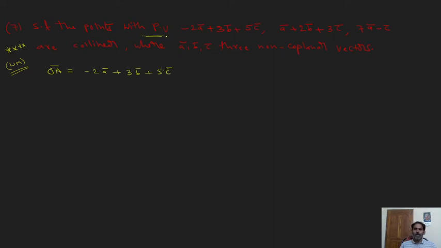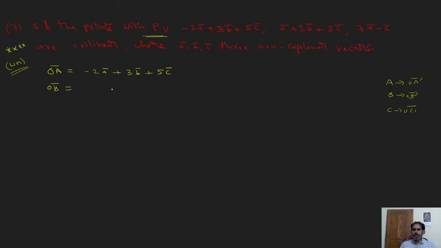Because they are position vectors. For the point A, the position vector is always written OA bar. The position vector of the point B is OB bar. The position vector of the point C in vector form is OC bar. That is the point.